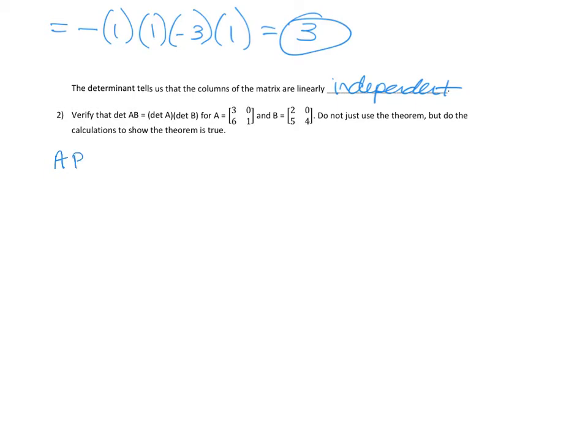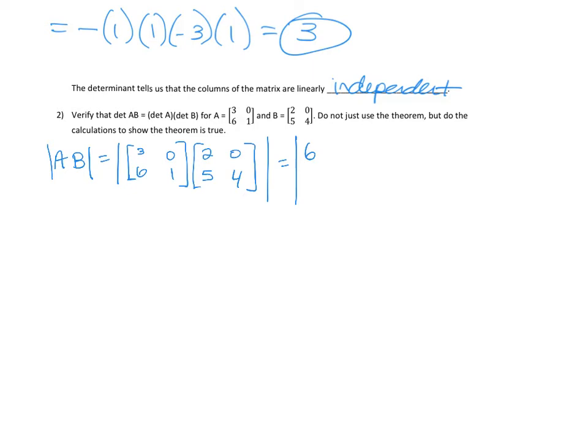So AB is the determinant of 3, 0, 6, 1 times 2, 0, 5, 4. First row times first column gives 6.